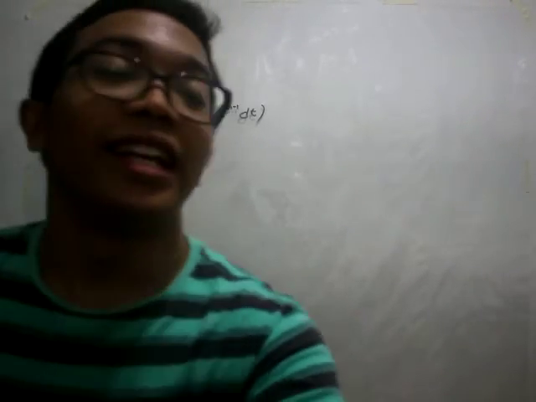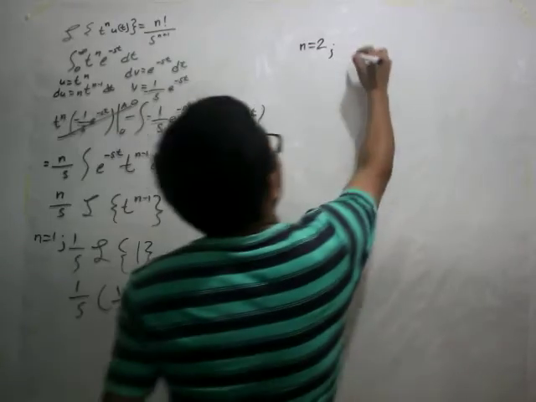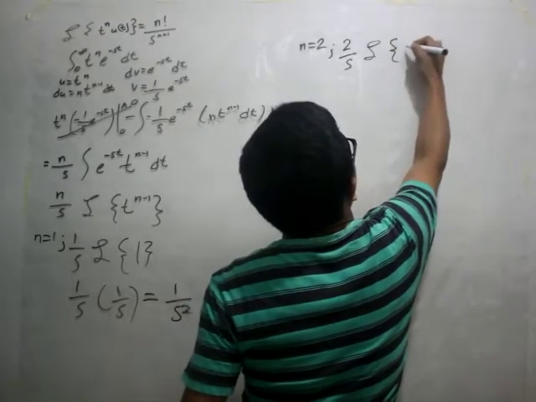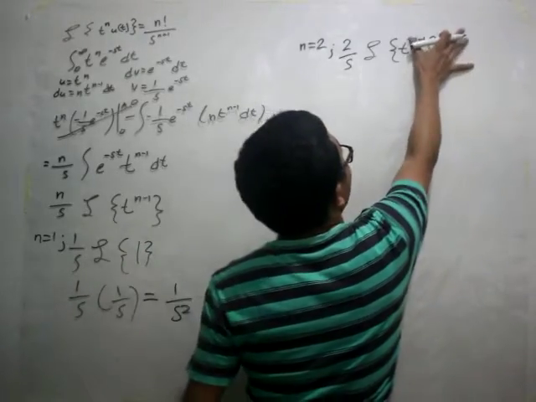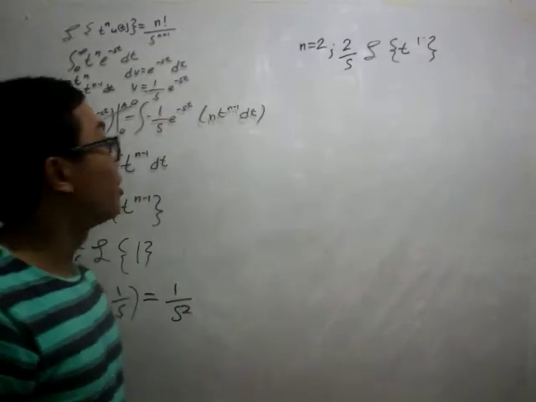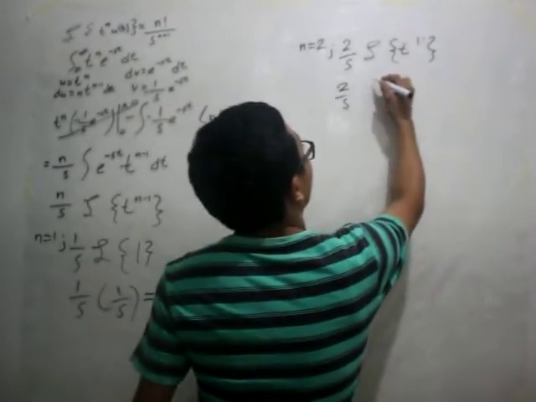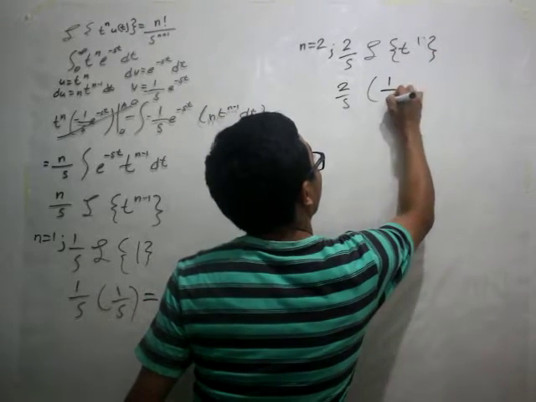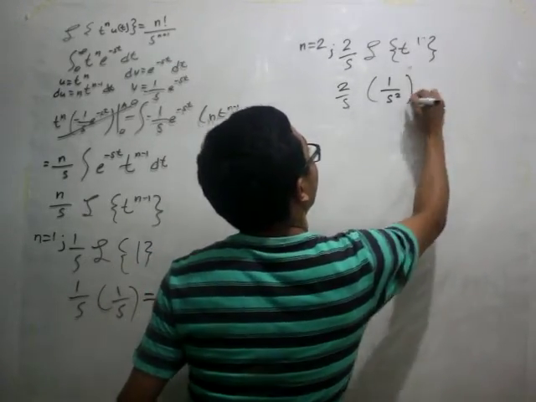Next is n equal to 2. 2 over s times the Laplace of t raised to 2 minus 1, and 2 minus 1 is 1, and the Laplace of t, as you also recall from a previous example, is 1 over s squared.